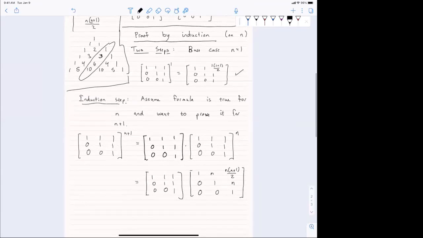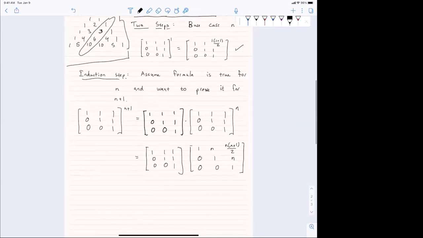Now I just have to do matrix multiplication. Both of these are upper triangular matrices, even though I've got n's in them, and they have ones along the diagonal. So I can quickly enter six of the entries. Now I have to do some multiplication.